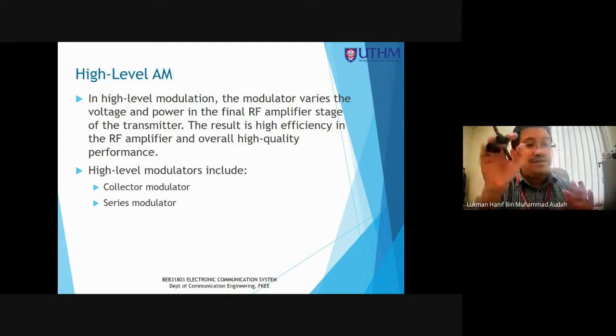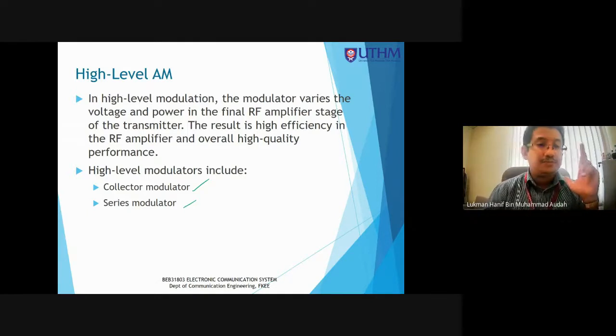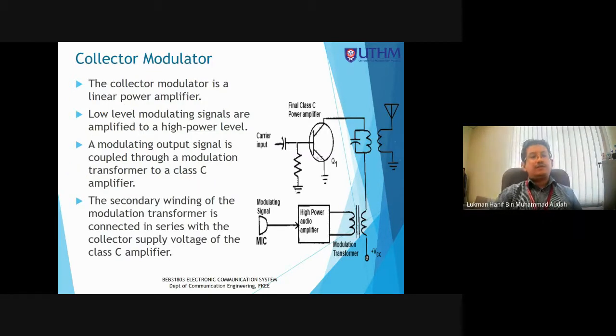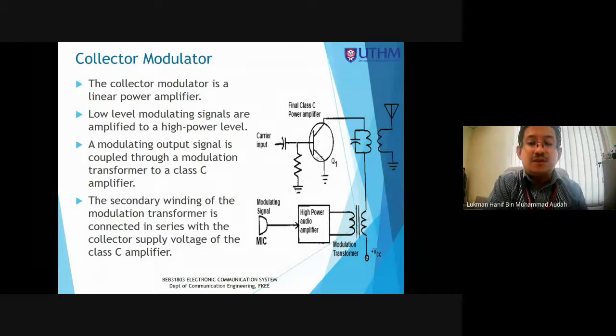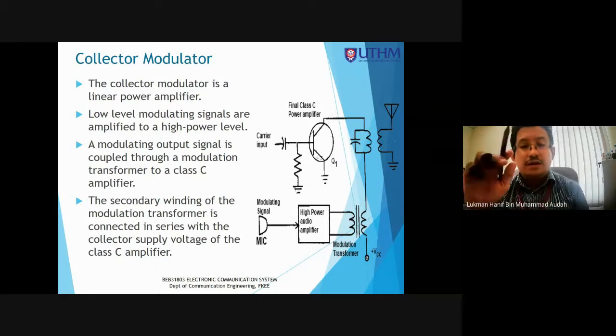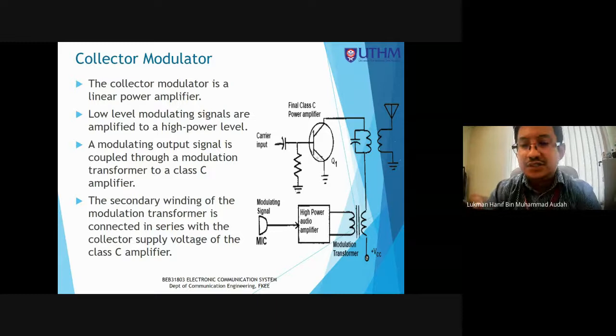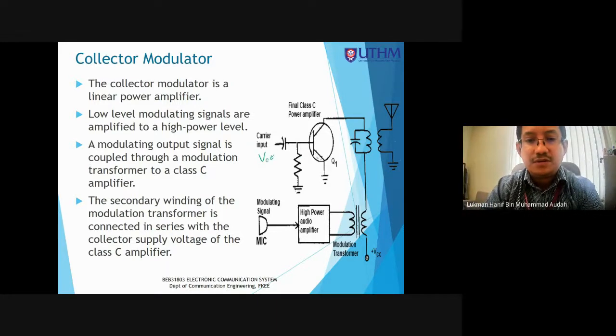So ada dua jenis. Yang pertama adalah collector modulator, yang kedua adalah series modulator. So when we look at collector modulator, kalau you lihat di sini kita ada menggunakan transistor yang disambungkan kepada VCT.